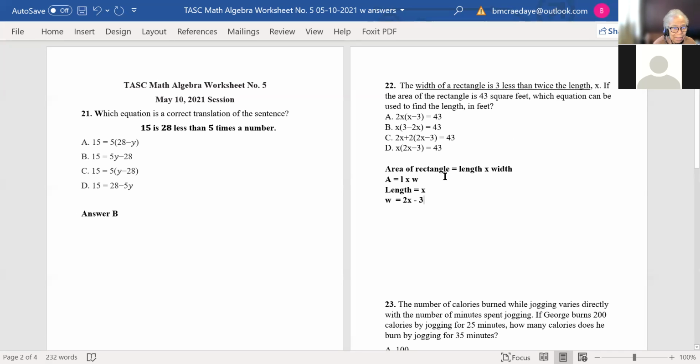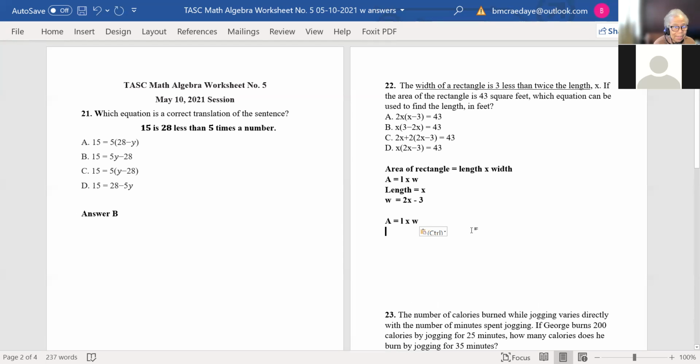Now, if area equals length times width, let's just copy this here. Area is length times the width. Put this here. Now, the length is x. The width is 2x minus 3. So let's just put x for the length and for the width, 2x minus 3.